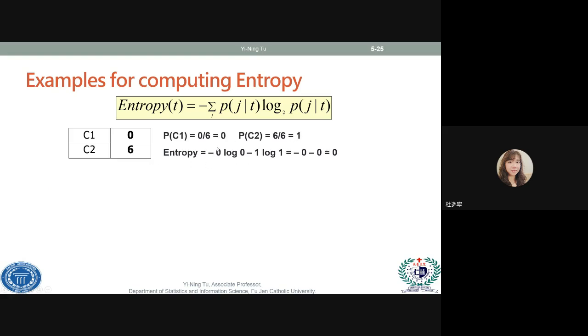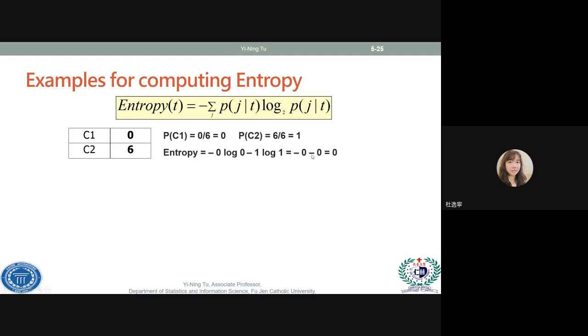So first, 0, this 0 will multiply log 2, 0. So remember, the base is 2, right? And we'll also subtract 1 times log 2, 1. But 0 multiplied by anything will become 0, and log 2, 1 will be 0, right?